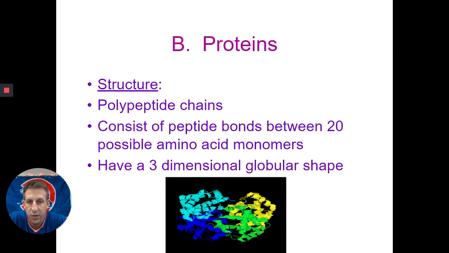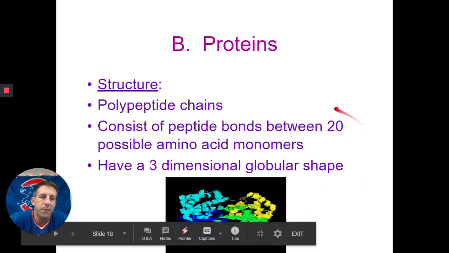Okay? The amino acid monomer has a very systematic or a very stock construction. Amino acid monomers consist of an asymmetric carbon, which is the carbon in the middle. That's the way they describe the carbon in the middle, as asymmetric carbon. All amino acid monomers have a hydrogen.